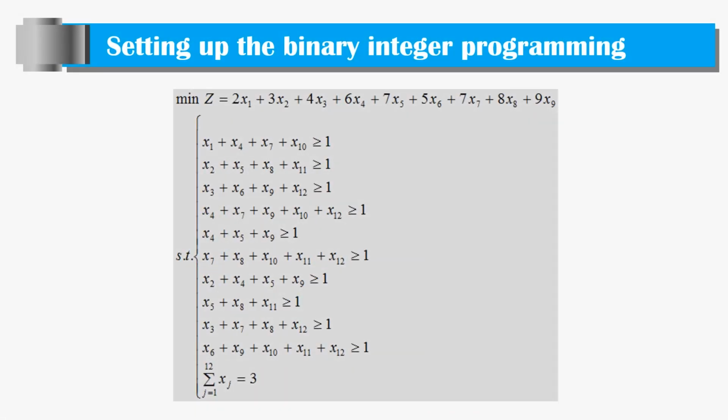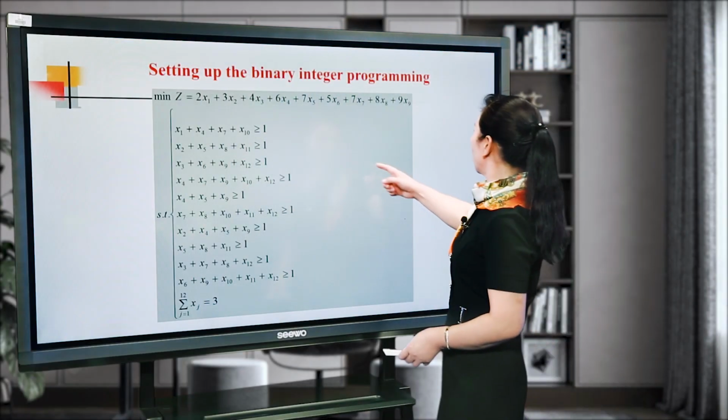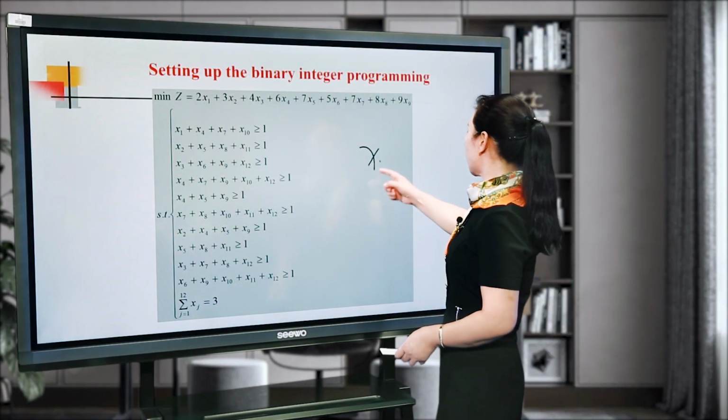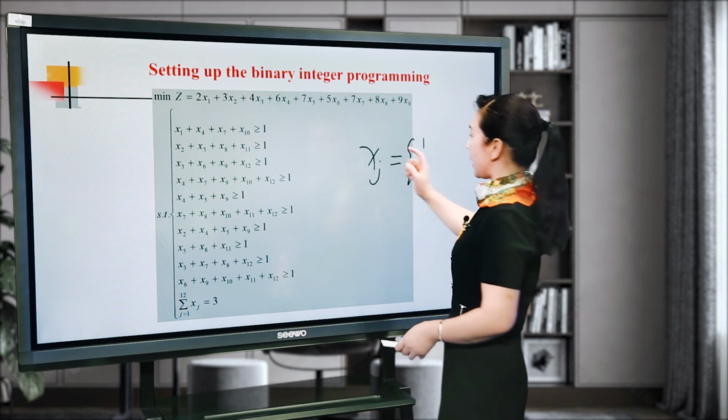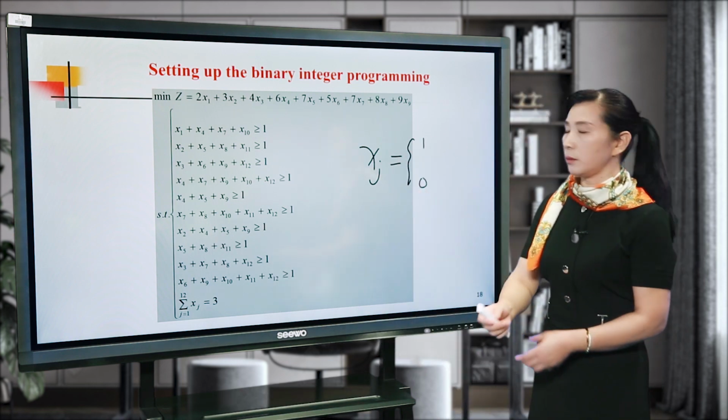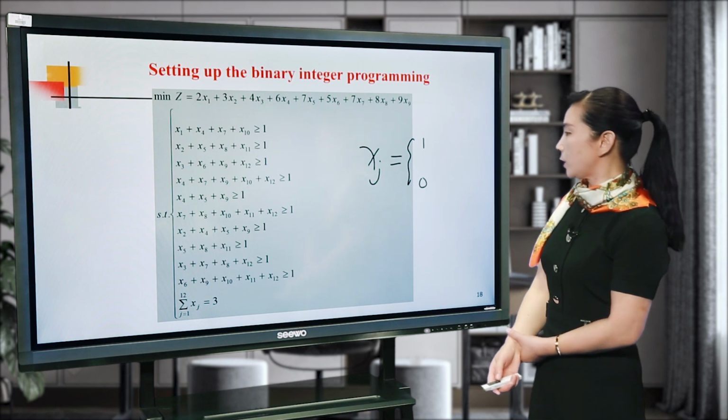So we summarize the model of this problem, and this model is more complex or larger. And we noticed that in this model, all decision variables are binary variables too. So this model is a BIP model too.